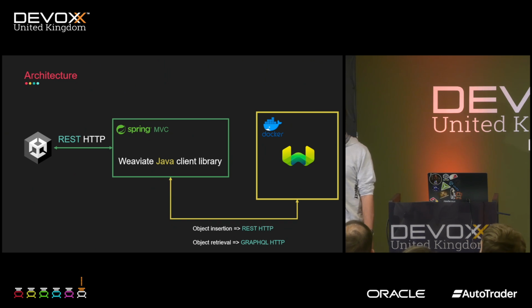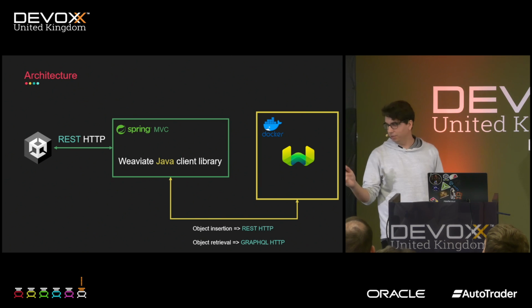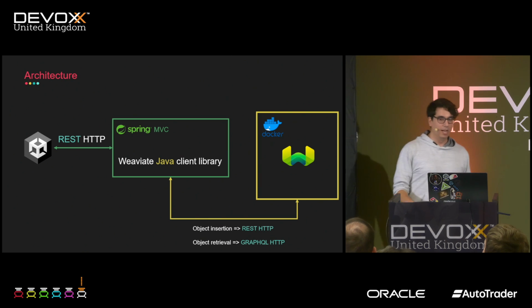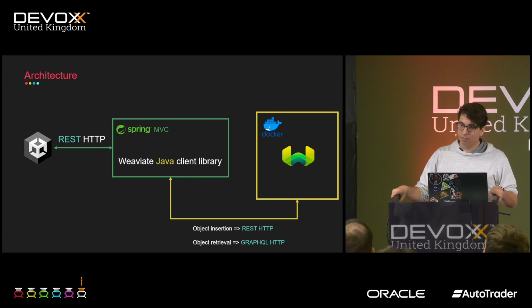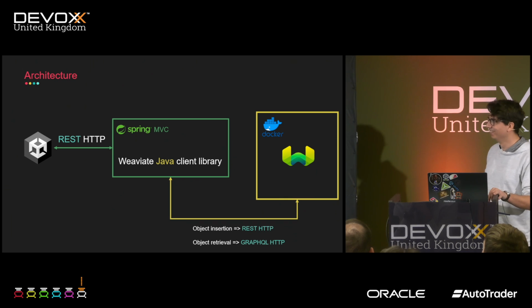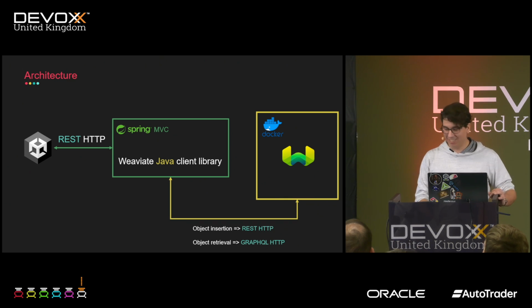Well, I had some people ask me, why don't you just call directly through Unity to the Docker container? Because in the end, it's just REST calls, right? And to that, I say, I'm a backend developer, and if I see a chance to add an abstraction layer, I'm going to take it, god dang it. So that is exactly what I did. A beautiful abstraction layer there.